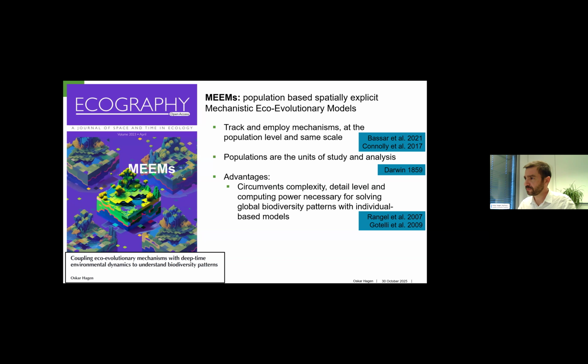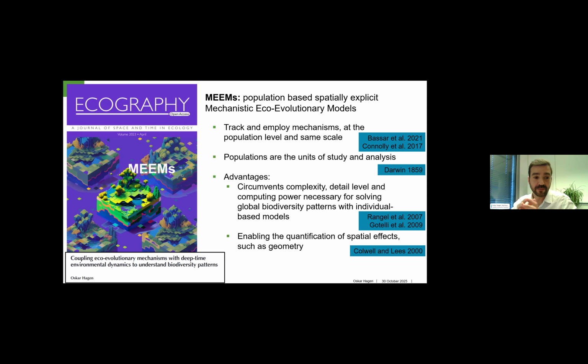So you can imagine having to consider individual interactions, and once you're modeling individuals, you are stuck to the generation time. The other advantage is also that we can simplify at some level this complexity or this unknown and model this population dynamics.